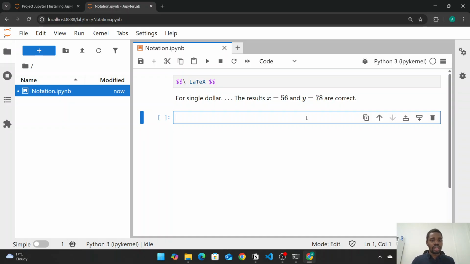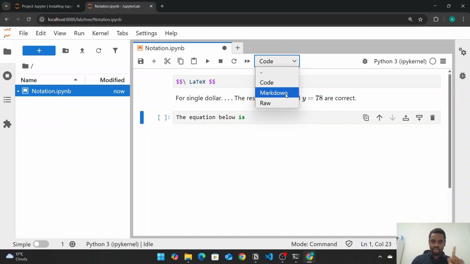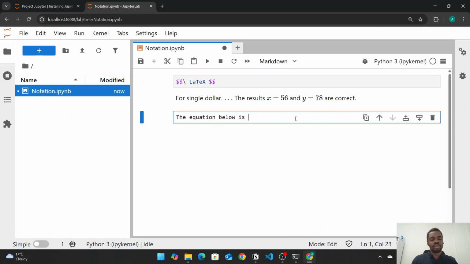You can do something like, the equation below is, let's not forget our markdown block, the equation below is a sample quadratic. Let's do something cubic. And let's take quadratic because we're still going to plot it.